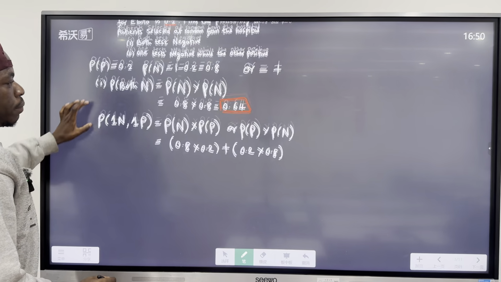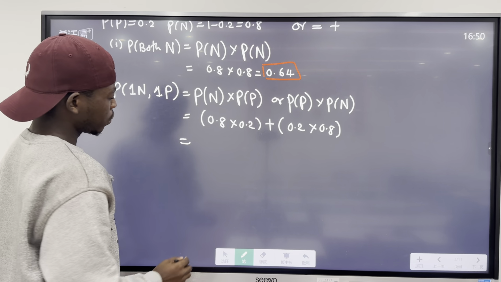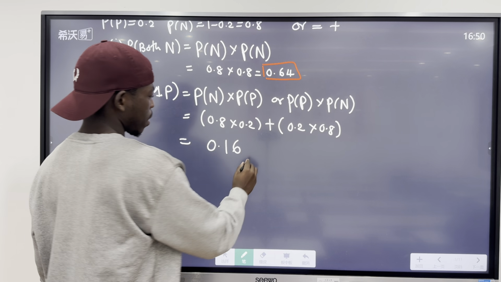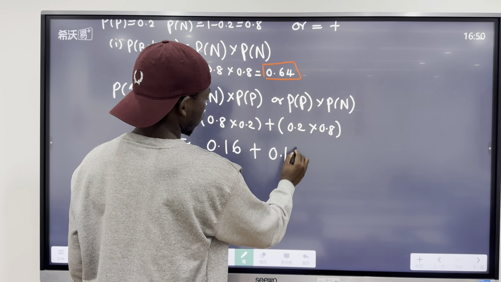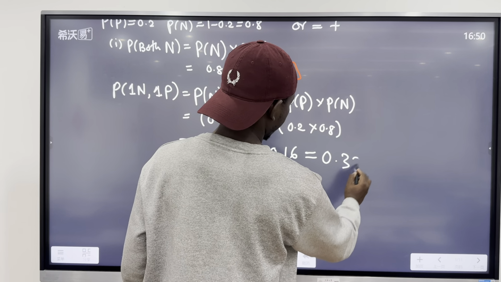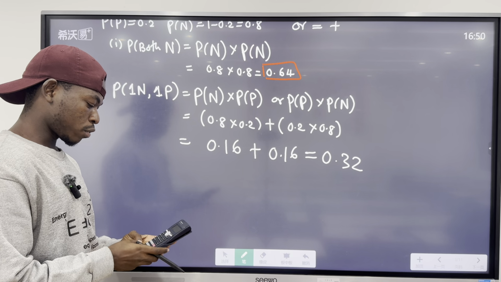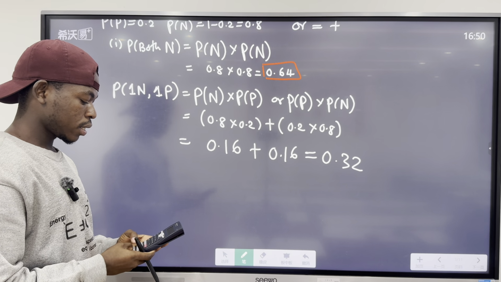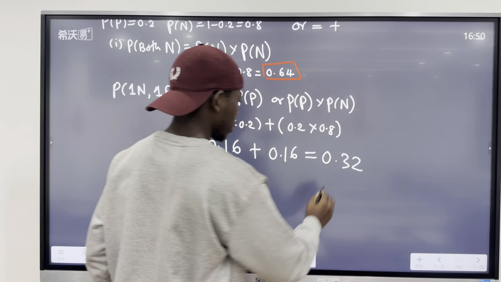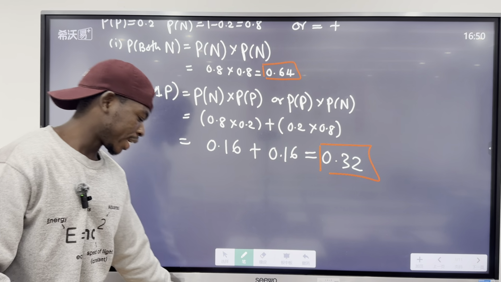Okay, we are almost there. So this will give us 0.16, plus this will also give us 0.16. Overall, this will give us 0.32. You can confirm with your answer: 0.8 times 0.2 is 0.16, you add the two, you get 0.32. So this is the probability that one is positive while the other is negative.